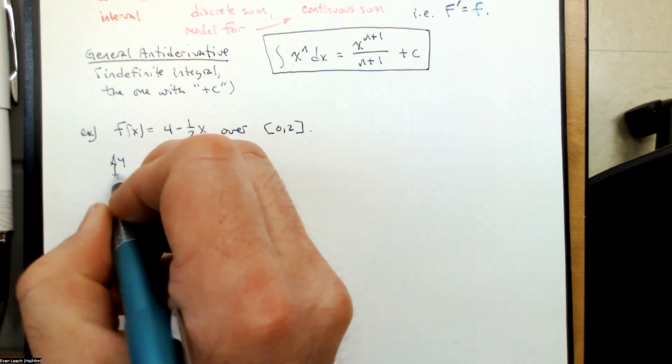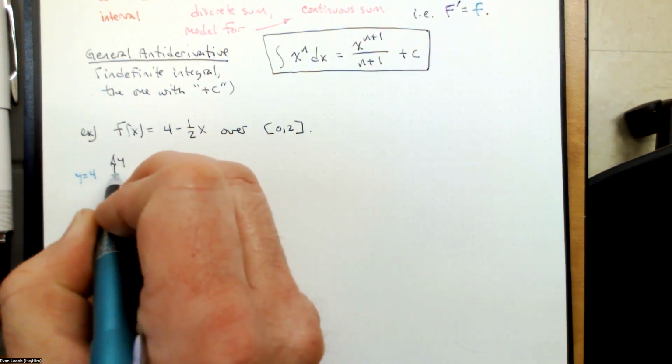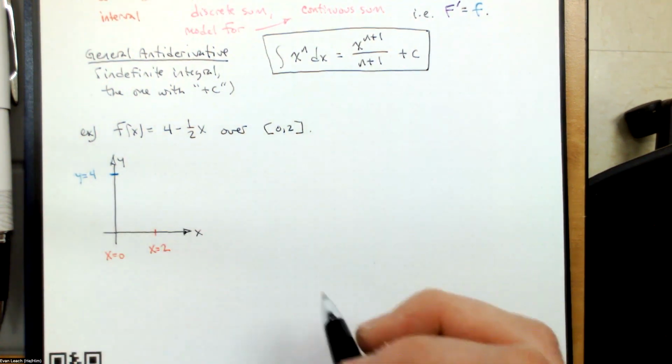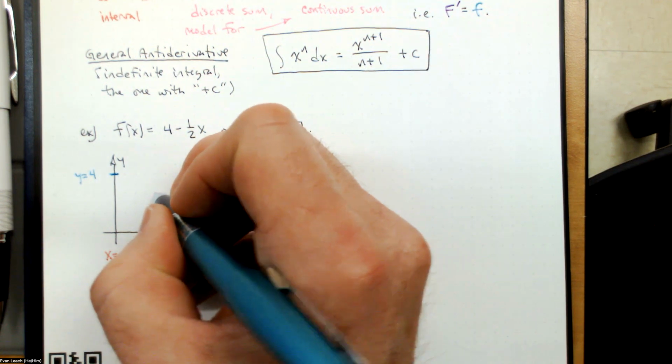This function starts off at y equals 4 and then decreases by 1, so it drops down to 3.